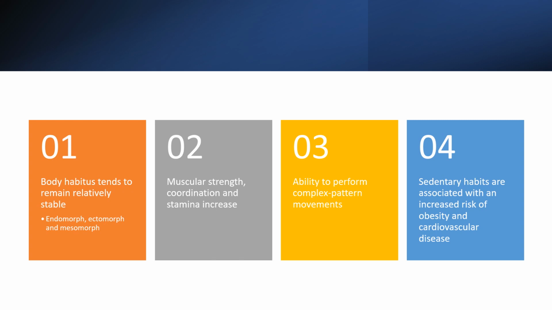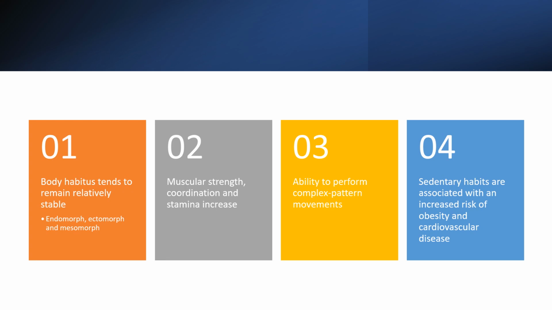Alright, so body habitus tends to remain relatively stable. What we call body habitus is your body type. So the endomorph, ectomorph, or mesomorph. For example, if you tend to be slim, that actually remains. If you are a bit fatter, that actually remains.